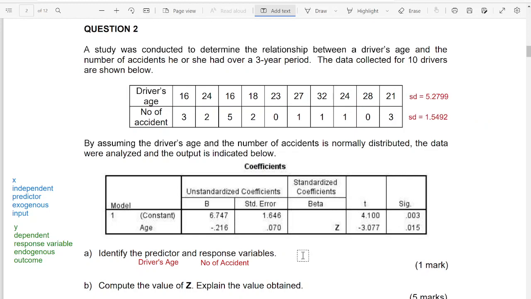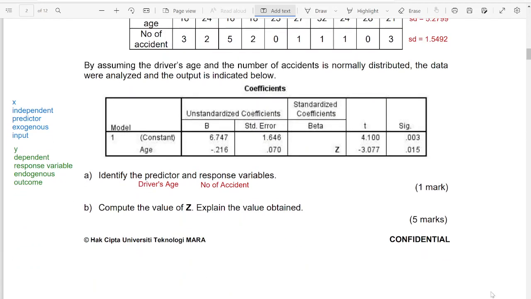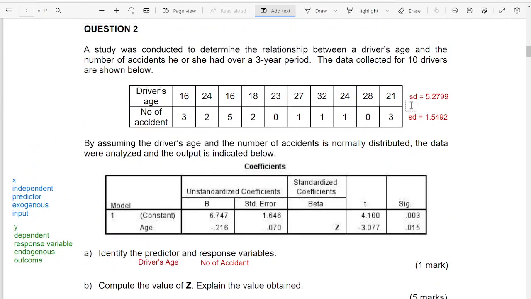Okay. So in order to calculate the value of Z over here, what you need to do is just simply take the ratio of standard deviation for X divided by standard deviation of Y and then multiply with the data over here, so the B coefficient.